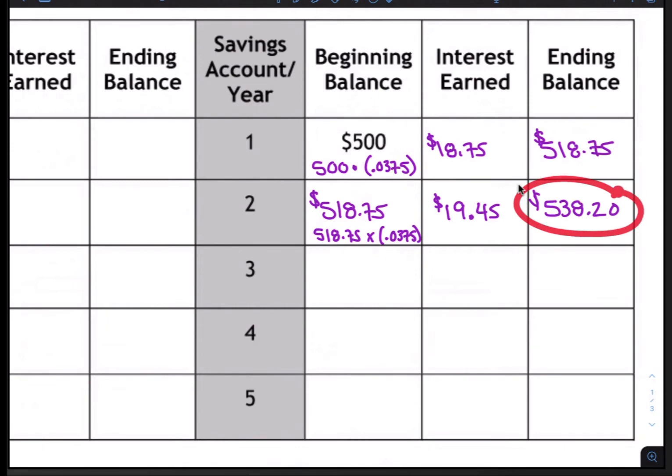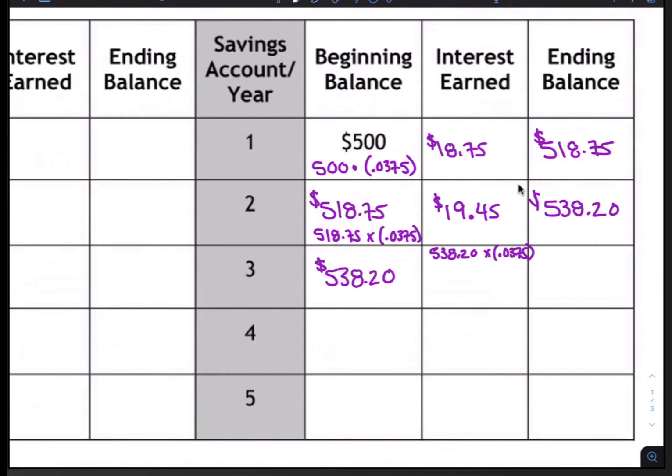Now take this amount and transfer it to the beginning of the next year. That would be the starting balance. So $538.20. Now we'll need to multiply that $538.20. So 538.20 should be multiplied by the interest rate again, which is 0.0375.